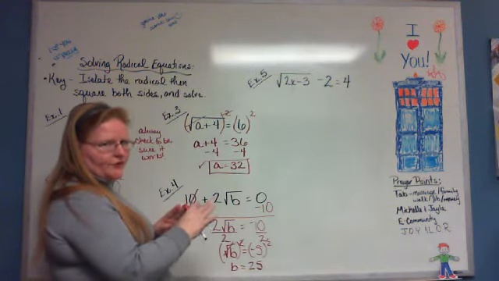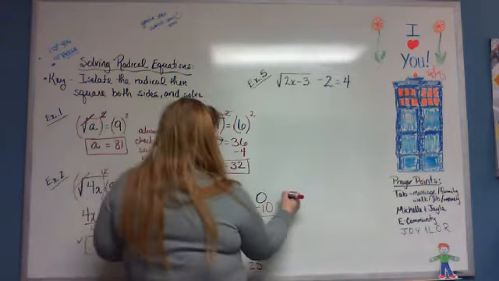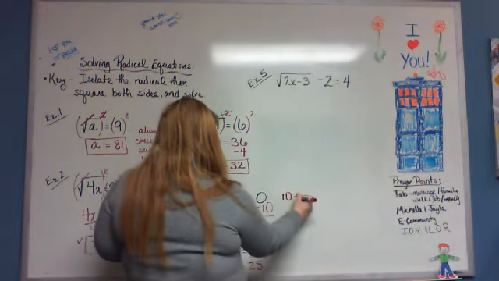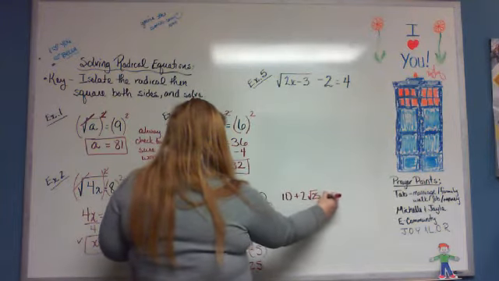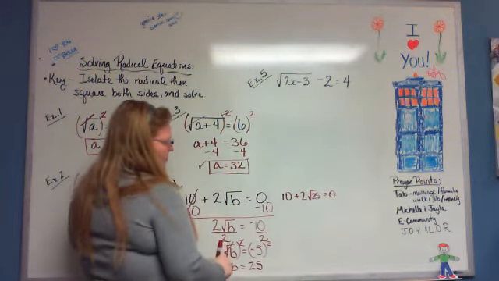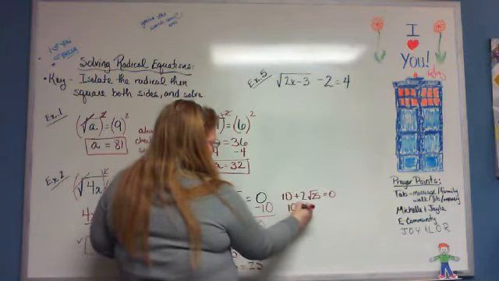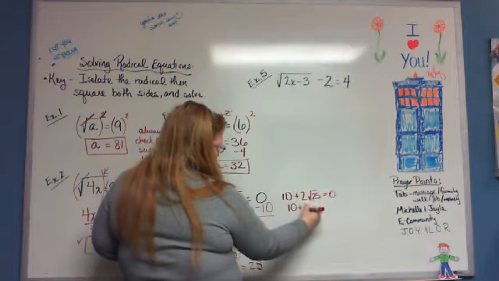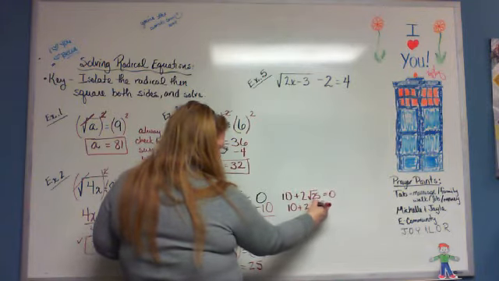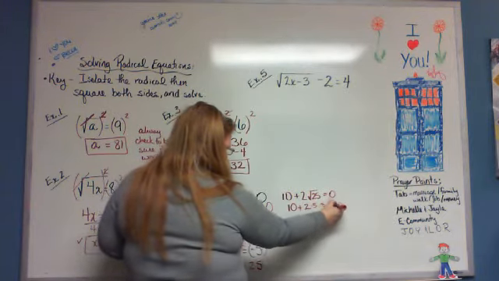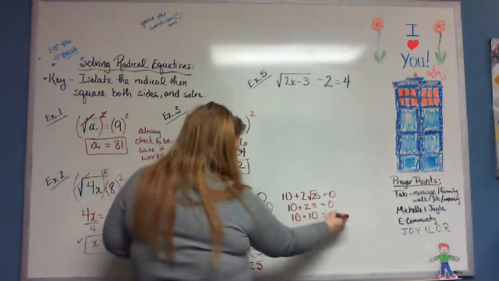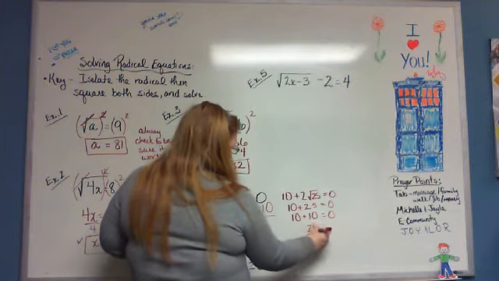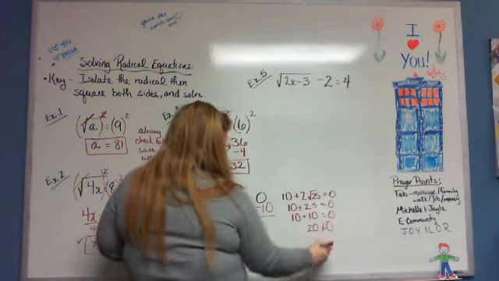Let me write it out and make sure I'm right. 10 plus 2 square roots of 25 is supposed to equal 0. The square root of 25 is really 5, so 10 plus 10 is 20, and 20 does not equal 0.